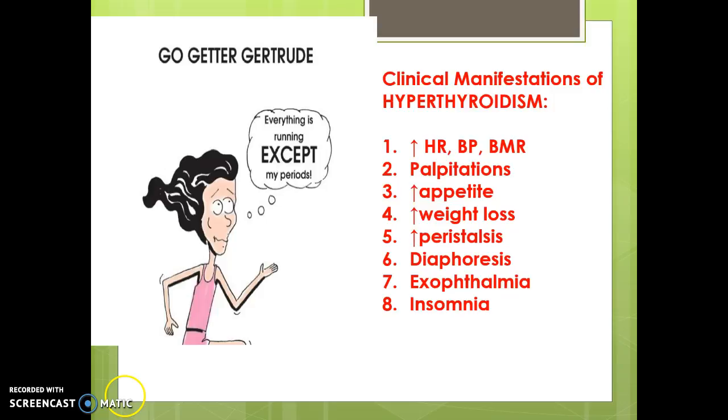Increased heart rate, increased blood pressure, increased basal metabolic rate. They may have heart palpitations, they may have an increased appetite, but at the same time they have increased weight loss, they have increased peristalsis, meaning that their bowels are moving very rapidly. They may show symptoms of diaphoresis and exophthalmia, which I'm going to show you some pictures of, and insomnia, of course, because of being so high strung.